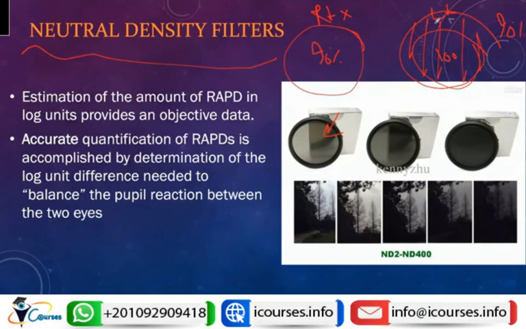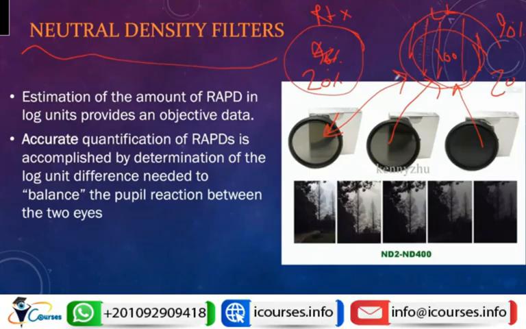So what will happen? When we swing the flashlight between the right and the left eye, there will be no relative afferent pupillary defect. If we find that there is a relative afferent pupillary defect, then this can be further, or can be more. Let's say, for example, it is 20%. So we put first a lighter neutral density filter. Then if there is a relative afferent pupillary defect, we put a darker and darker neutral density filter, so that will limit the amount of light entering the eye until it will be again 20%.